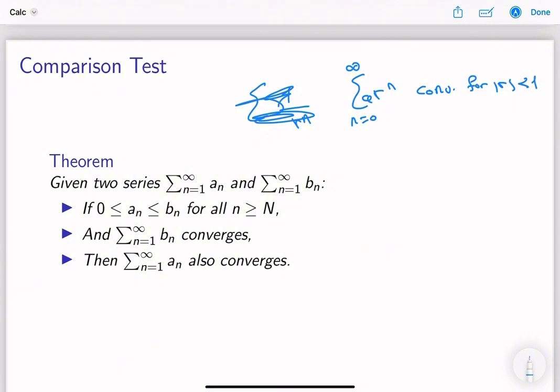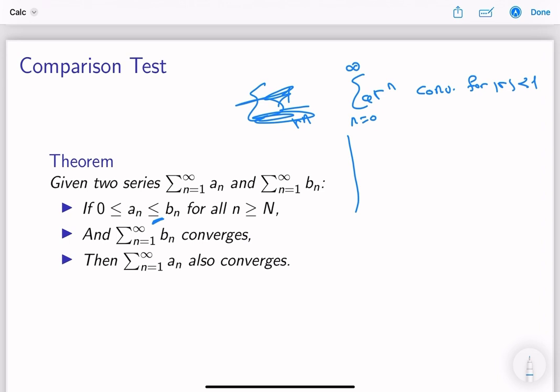Now, if you take a series that looks similar to this, and you have a kind of inequality between the terms, then this should tell you something about the convergence. Before we state this, let me tell you where you might see this.